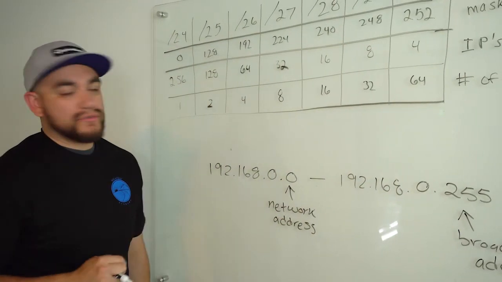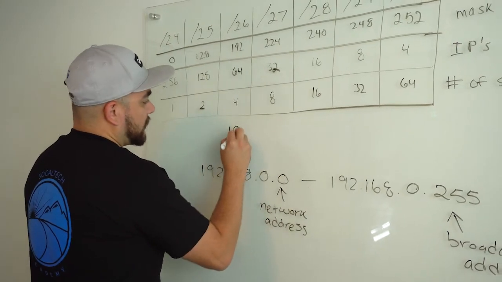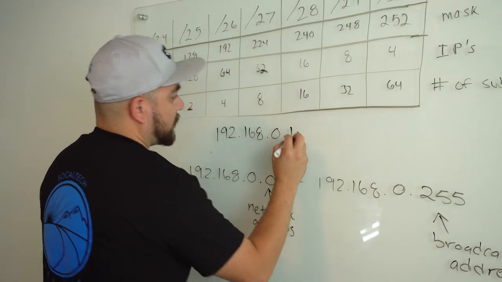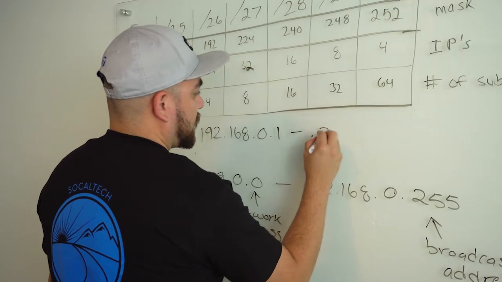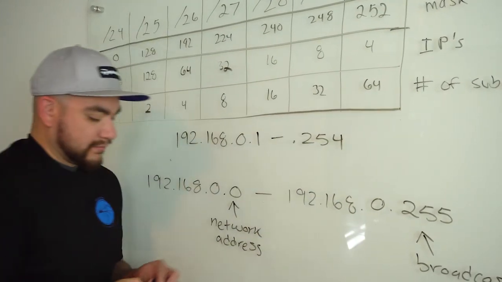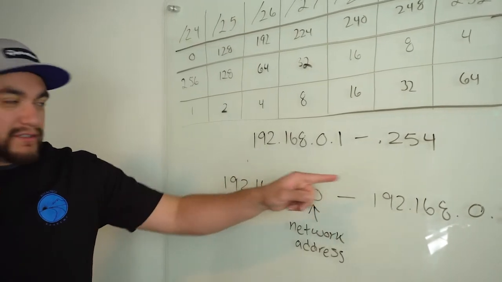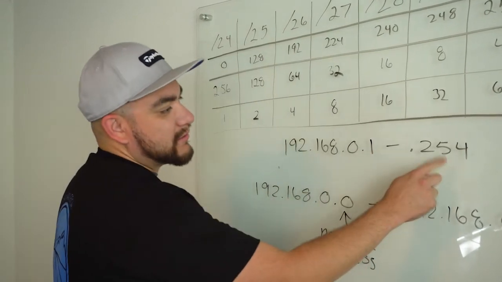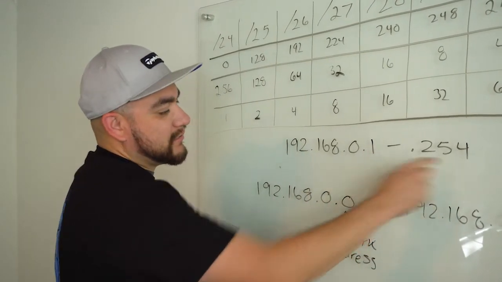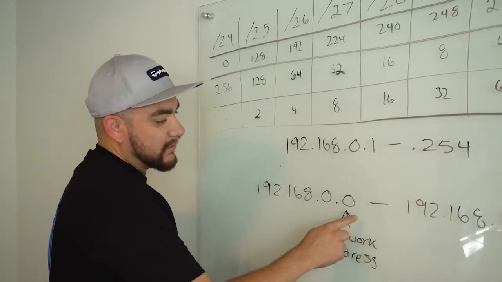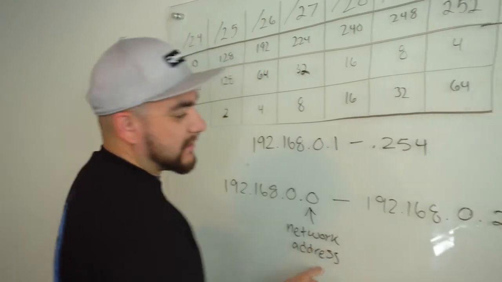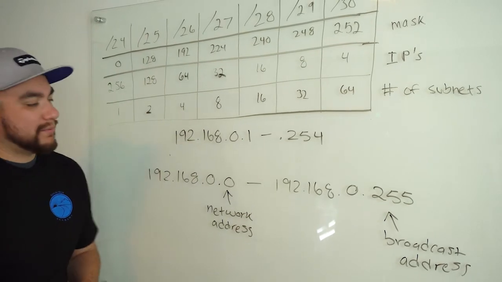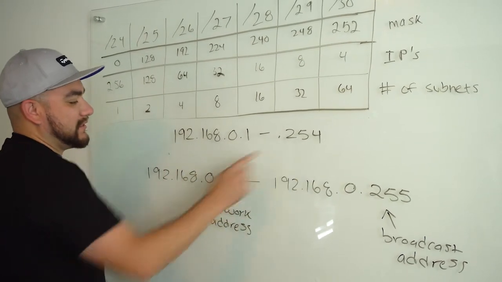The 254 comes from you have 254 usable IPs within a /24, from .1 to .254. .0 is our network address and .255 is our broadcast address. So if you add that up, you have 254 usable IPs.